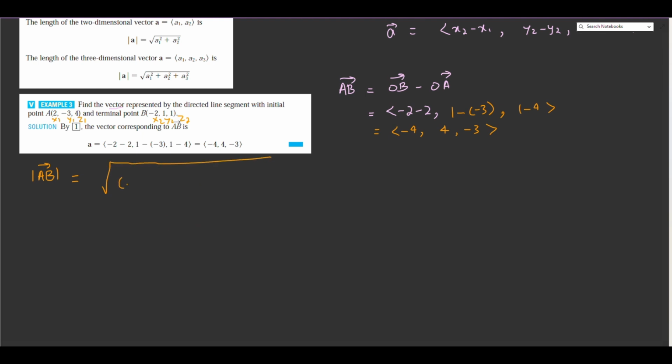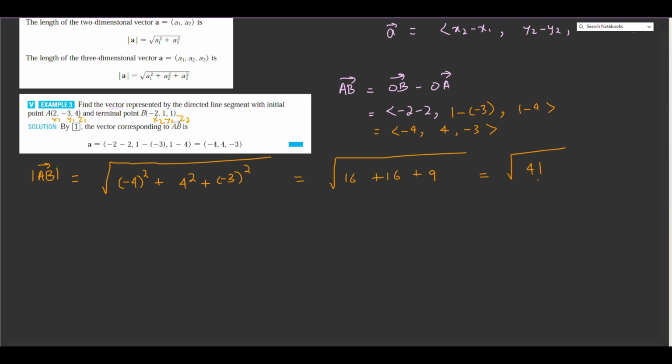So this formula will give you the following: minus 4 square plus 4 square plus minus 3 square. And now you can simplify this. Minus 4 square is 16, plus 16, plus 9. 16 plus 16 is 32, 32 plus 9 will be equal to 41.